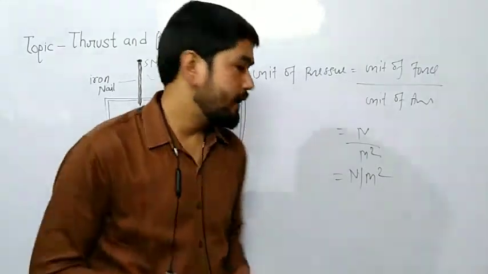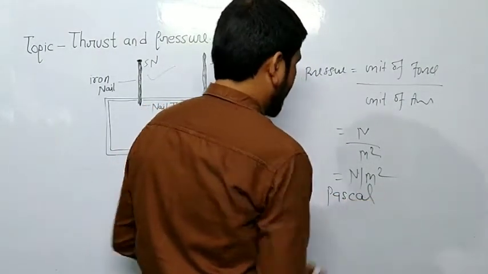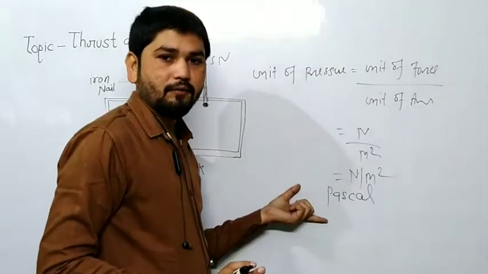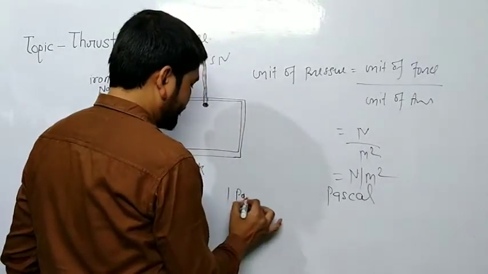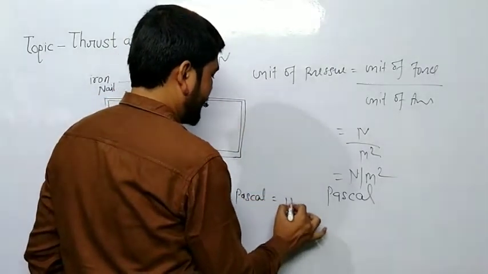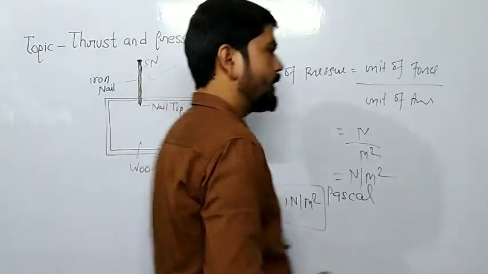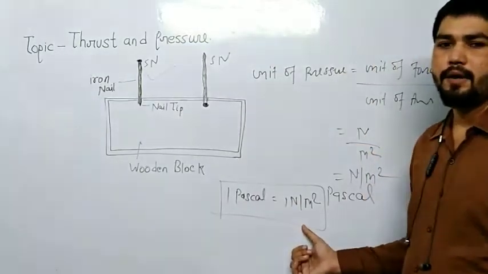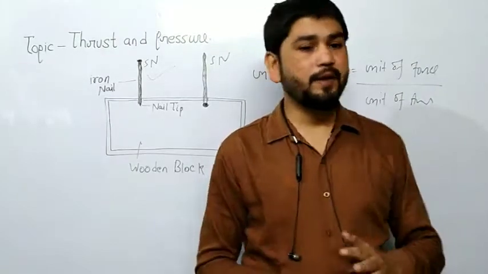And another unit is also there, Pascal. In the SI system, the unit of pressure is Pascal, and 1 Pascal is equal to 1 Newton per meter square. And in the CGS system, what will be the unit?